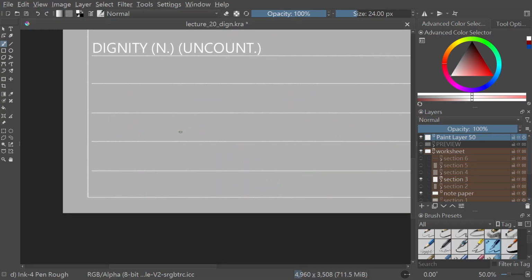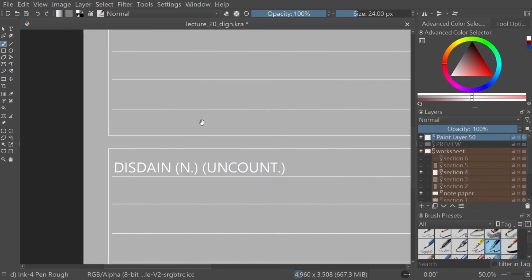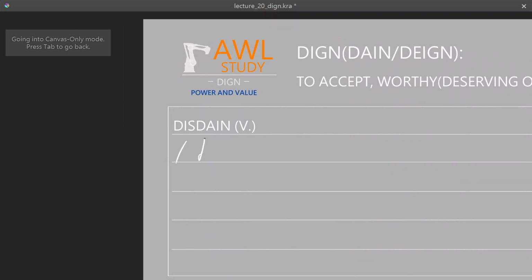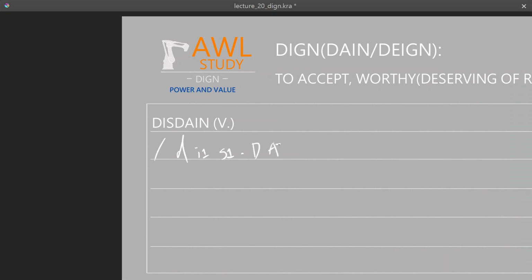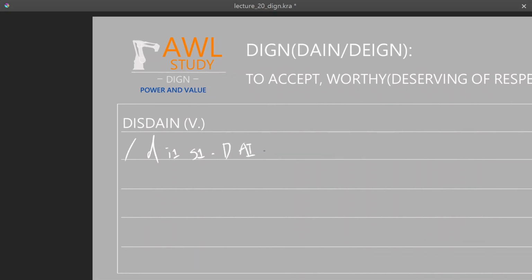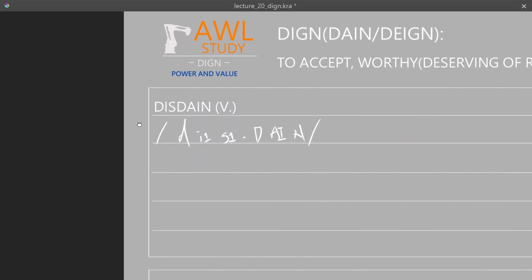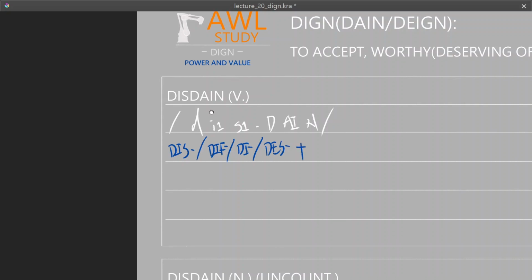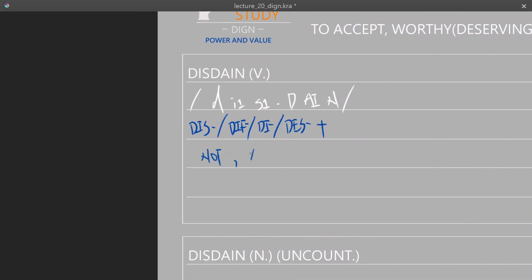Alright, next we have disdain. The first sound of A is the two-letter phonogram A. So disdain. And we have the prefix DIS, meaning not or apart.